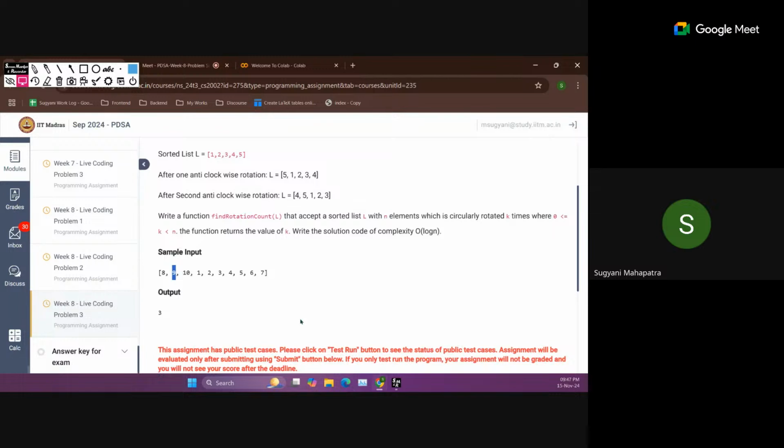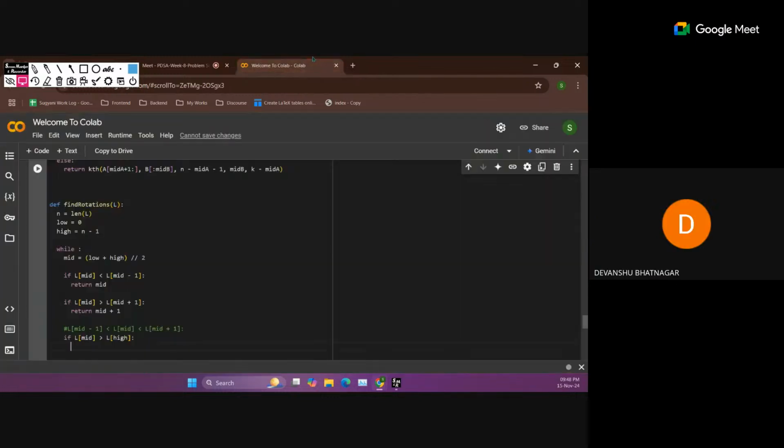My middle is 9. L of mid is 9, so this is greater than my high, which is 7. So 9 is greater than 7. So where should I look? I should look into the right part.